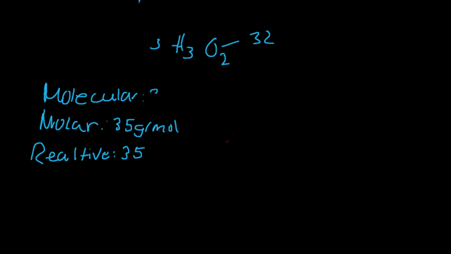For the molecular, all we're going to do is write 35 AMU. You can write molecular or formula, it just depends on the type of bond. We should actually write formula because of its bond. It's not a molecular bond, it's actually ionic. So we're going to write formula.